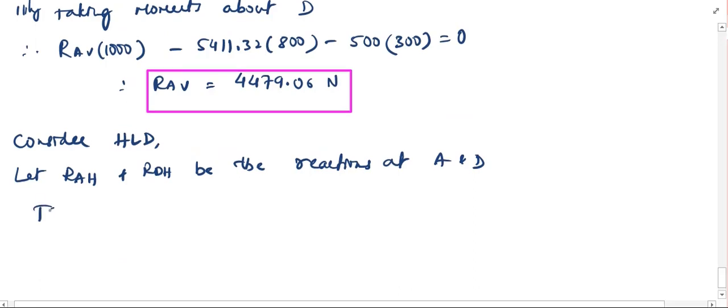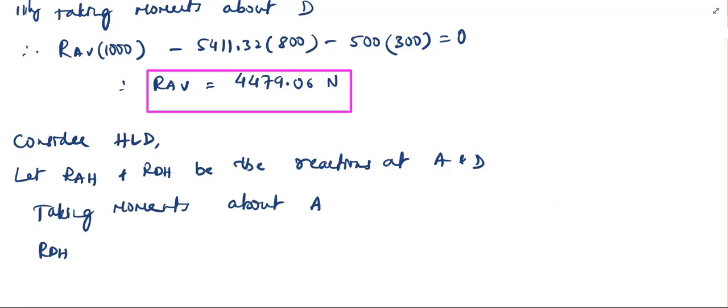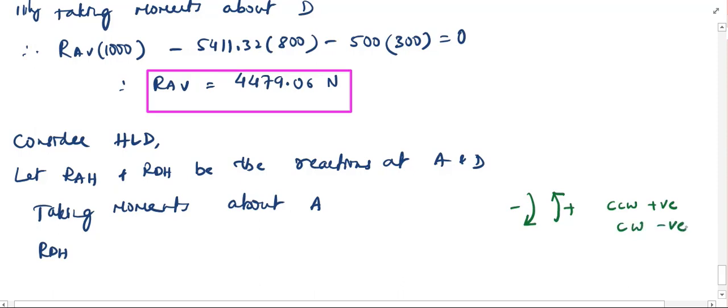So therefore taking moments about A, RDH, here the counterclockwise direction, that is CCW, is taken as positive, and the bending moment in the clockwise direction is considered as negative.